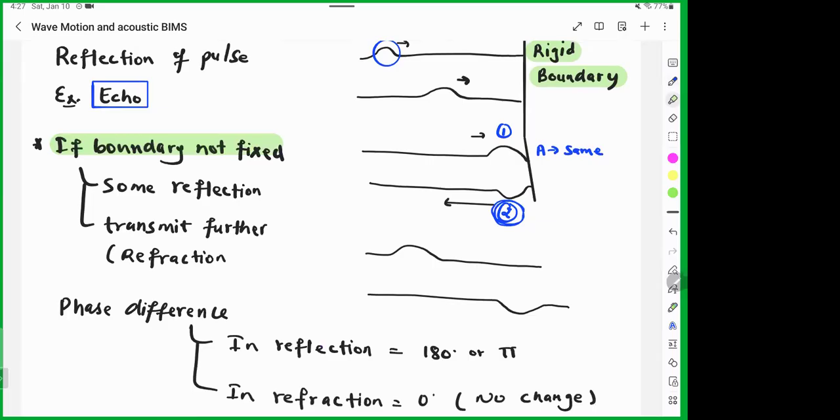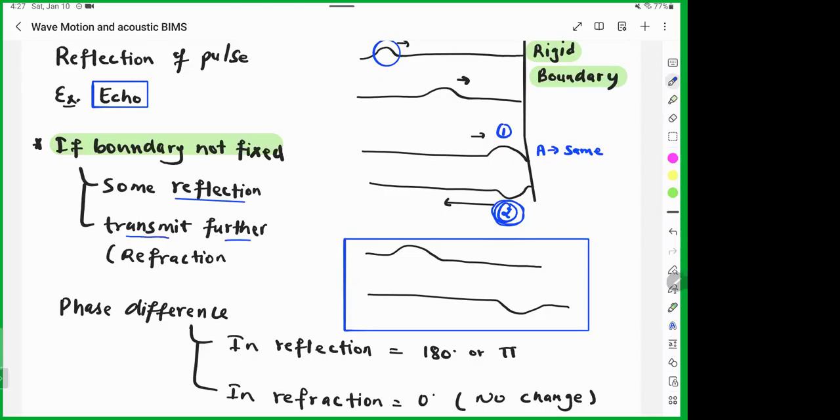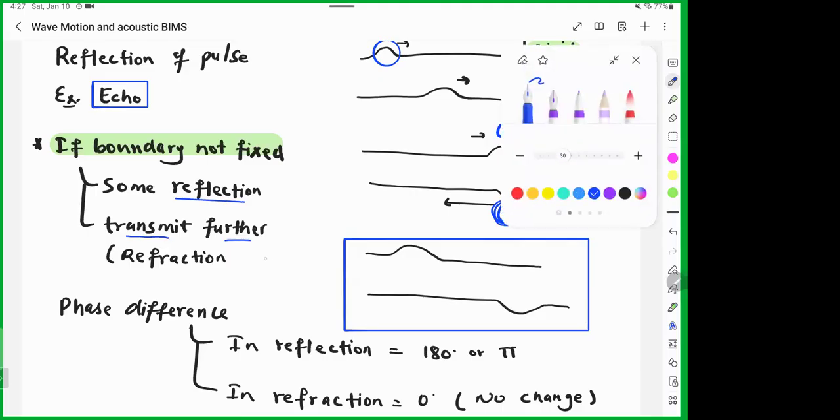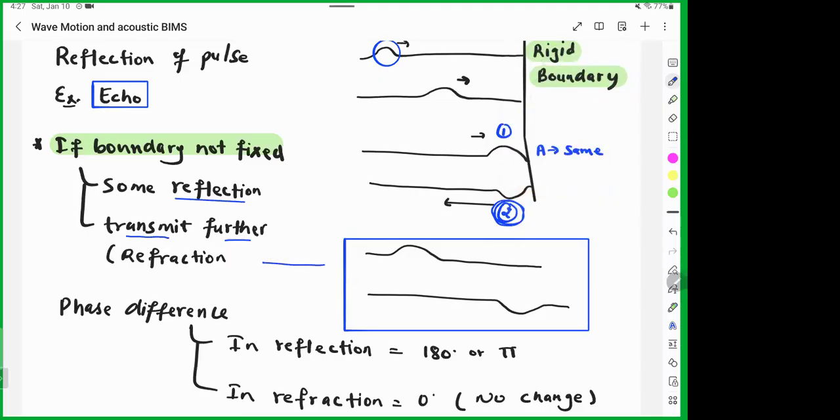For example, in the second situation, what will happen? Some part will reflect and most of it will be transmitted further. Same like light. If you have a transparent medium and this is the boundary, light will fall on it.